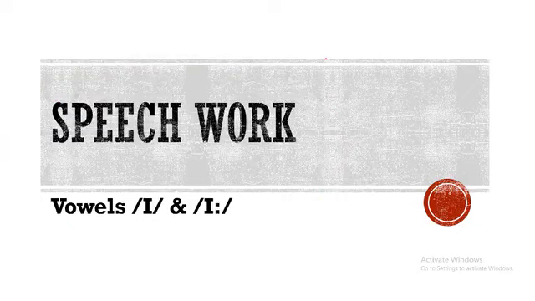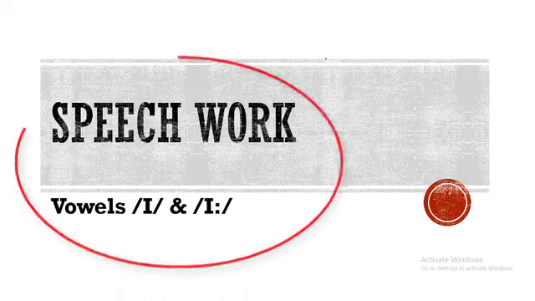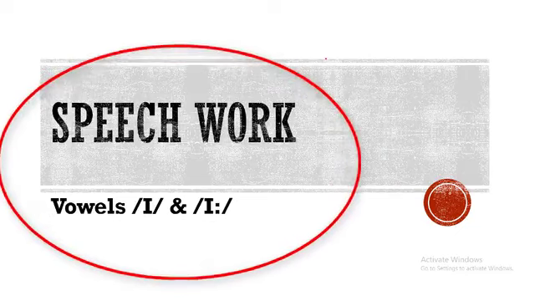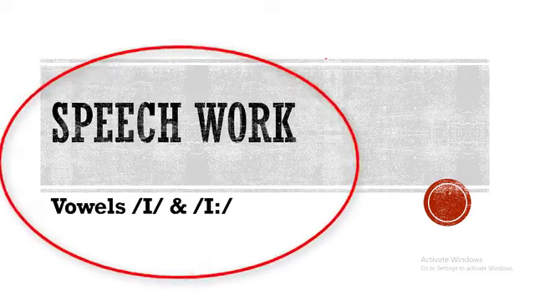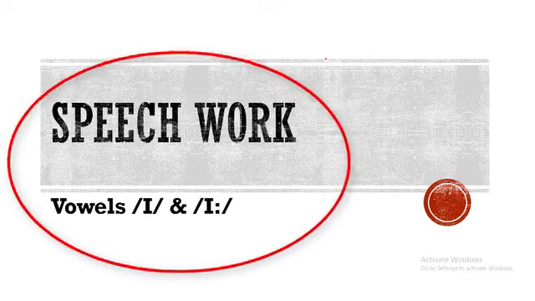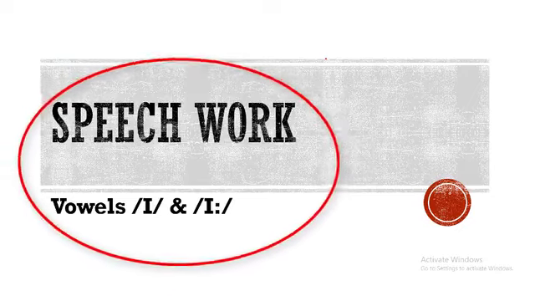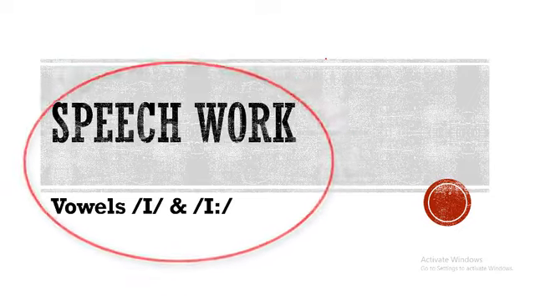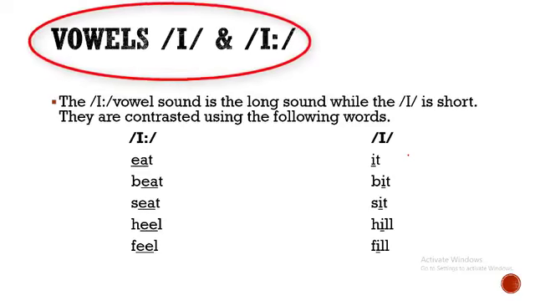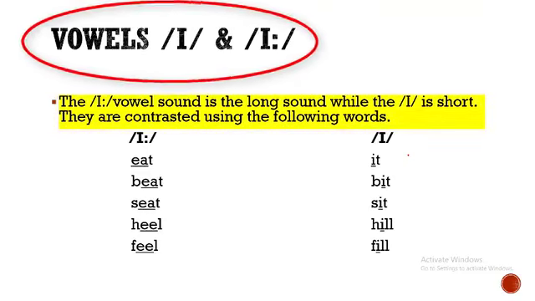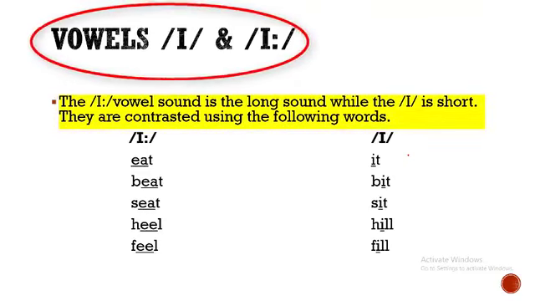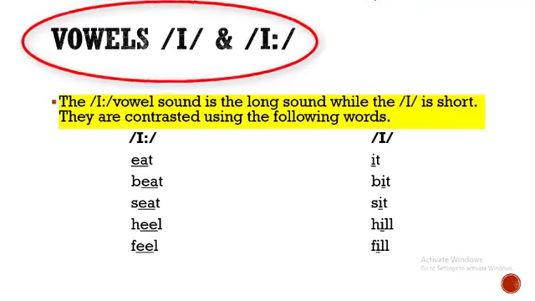Welcome back. So we begin today's work with vowel sounds A and E. Both are monophthongs. They are pure vowels. Now, I told you every time you have a double dot in front of a particular phonetic symbol, it shows it's a long vowel sound.